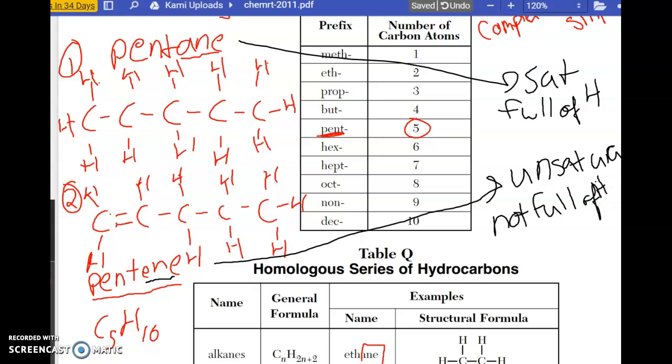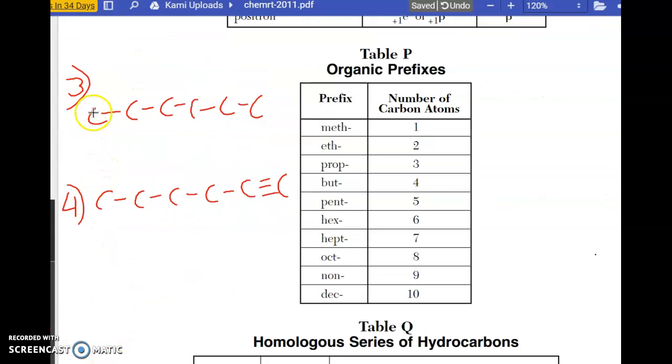Alright, in this video, we're just going to do a whole bunch more practice problems of me making random compounds, going through and writing the general formula, naming it, and figuring out whether it's saturated or unsaturated. So for number 3, I didn't finish putting the lines on all of my carbons. How many more bonds does this carbon need, the one on the end right here?